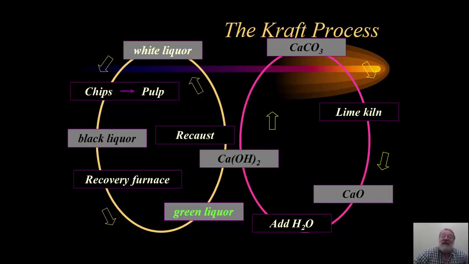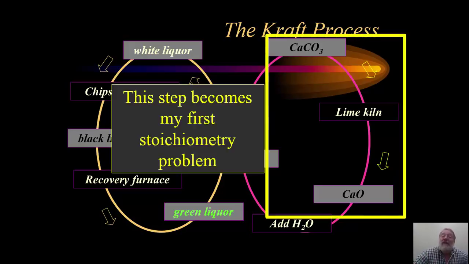The second loop takes the material that's made during the green to white liquor transformation and puts it into a second loop, and that's a lime kiln loop. And that becomes the first stoichiometry problem in my course. So see, we're tying the local pulp mill to the topic of Chapter 4 of stoichiometry problems.